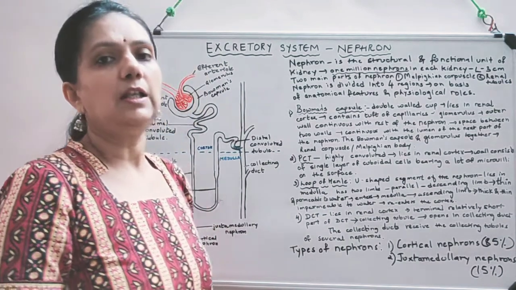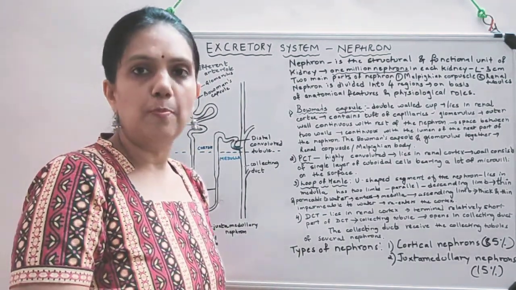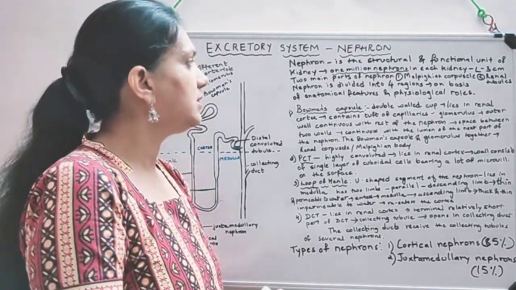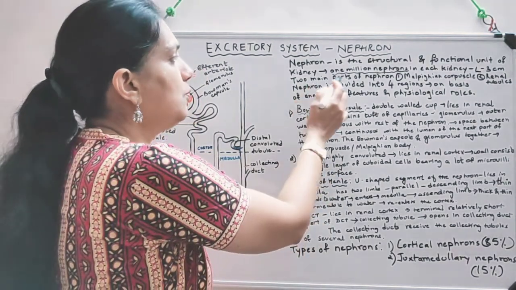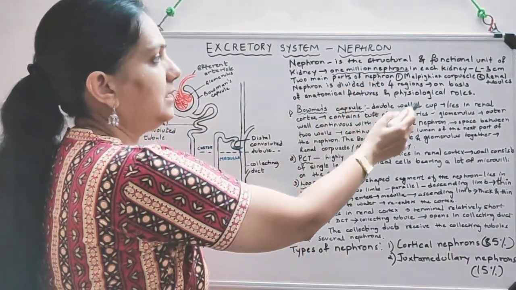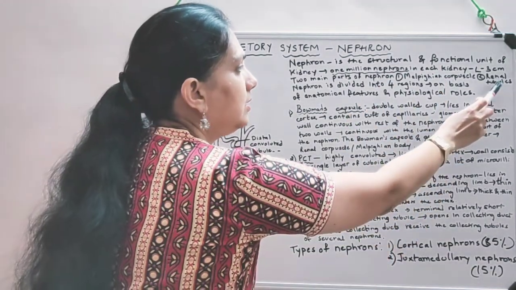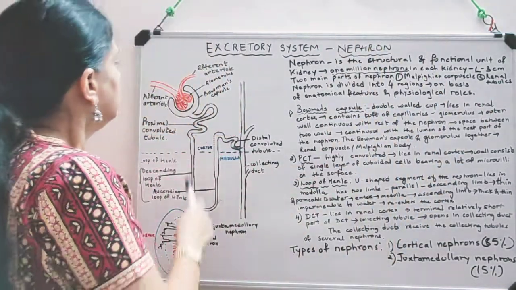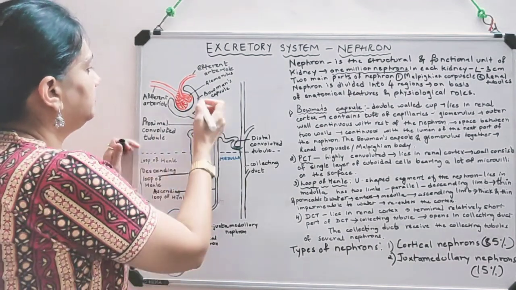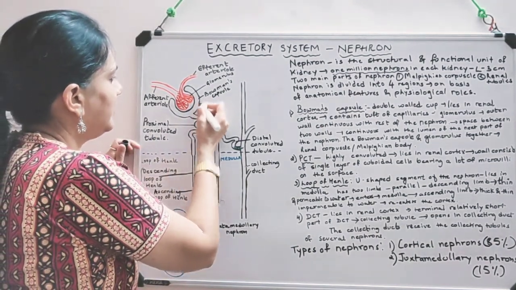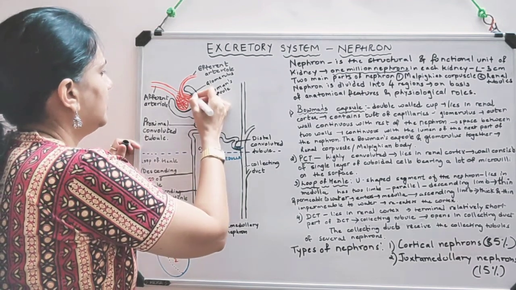Now you can study nephron in two parts. Nephron can be divided into two main parts, that is Malpighian corpuscle and renal tubules. Now I'll show you over here. Just identify the diagram.